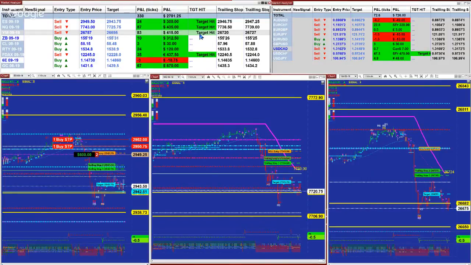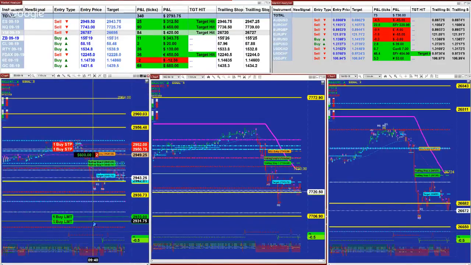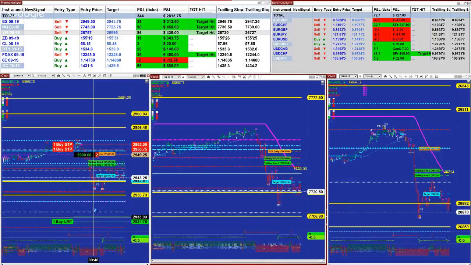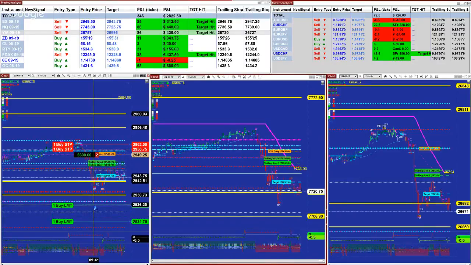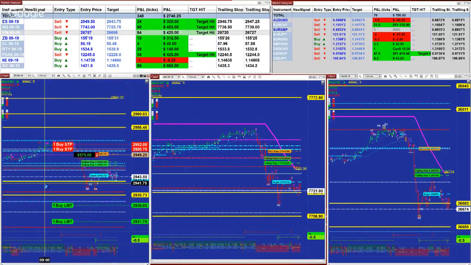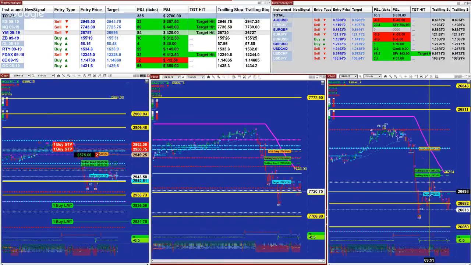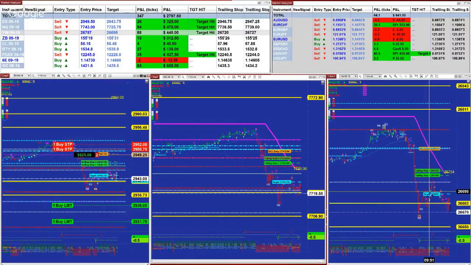We still have the ES, and the ES has already hit the target, but I managed on the ATM to extend the target a bit, but it did go very fast. I didn't have time to extend the target like with the ES. So once they hit the target, it was trade off and cut it off, and it was done. So now we are waiting on a new trade.